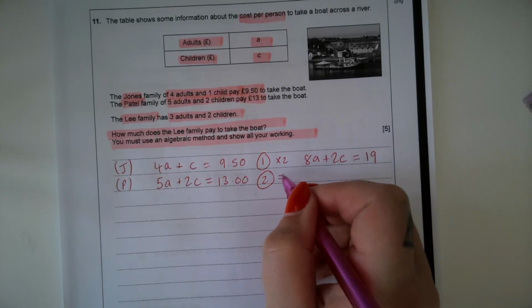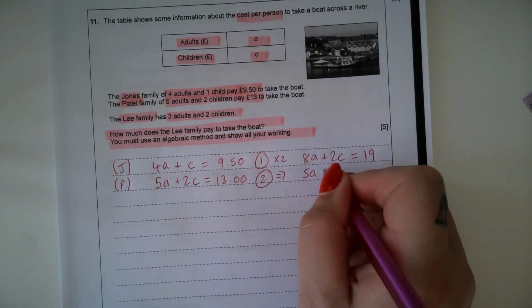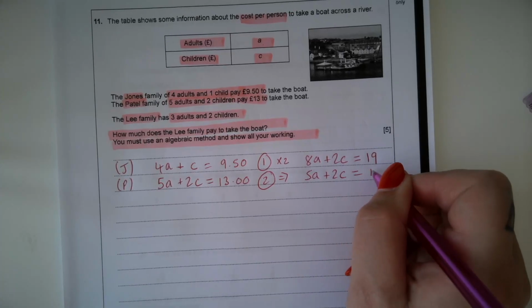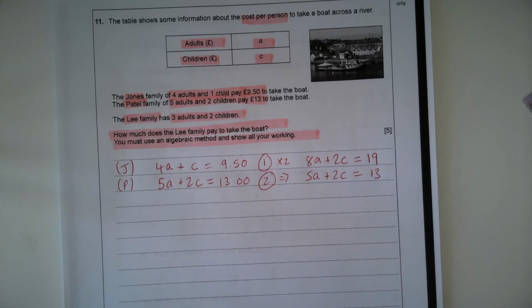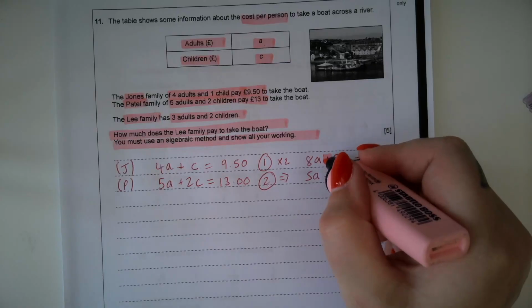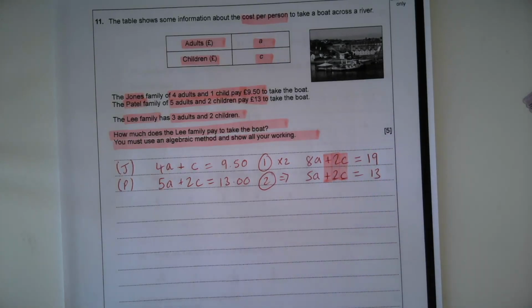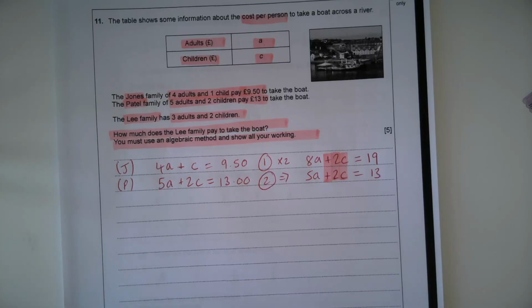Okay, I'm keeping equation 2 as it is because I was aiming to get a set of variables matching either A's or C's, and I've managed to match the C's. It doesn't matter if the signs don't match, it's the coefficient that's important.